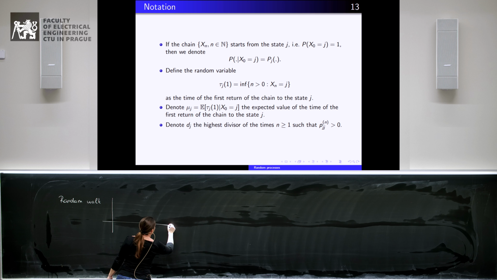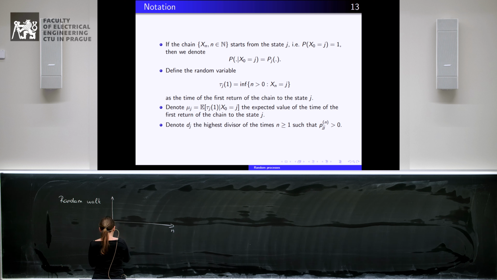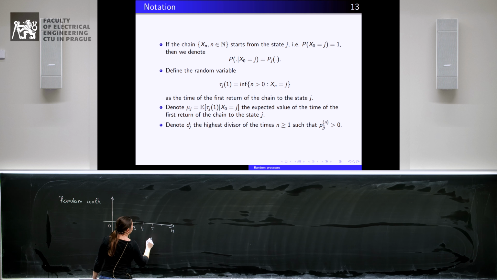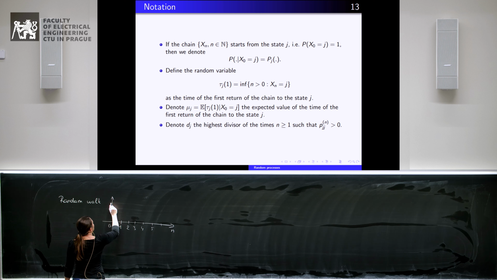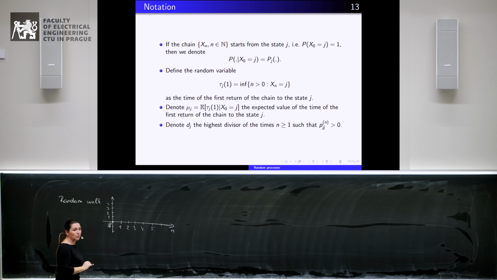The random walk started in the value 0, and with probability 1/2 it jumped to the value 1. With probability 1/2, it fell down to the value -1. It cannot happen that it will stay in the value 0.